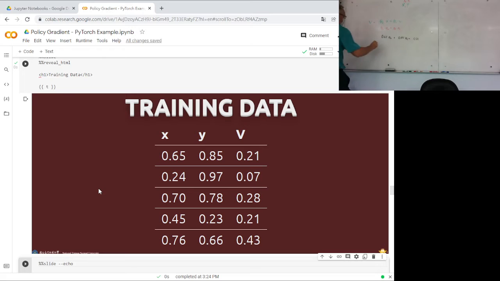And the other equation would be 0.24 multiplied by theta 0 plus 0.97 multiplied by theta 1 is equal to 0.07. 0.7 theta 0 plus 0.78 theta 1 is equal to 0.28. 0.45 theta 0 plus 0.23 theta 1 is equal to 0.21, and 0.76 and 66.